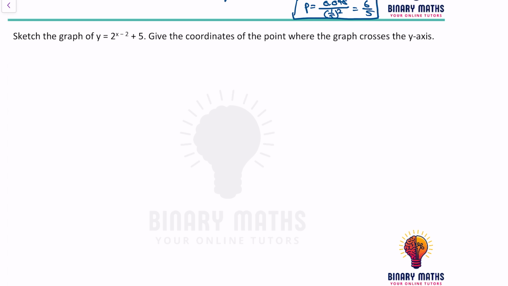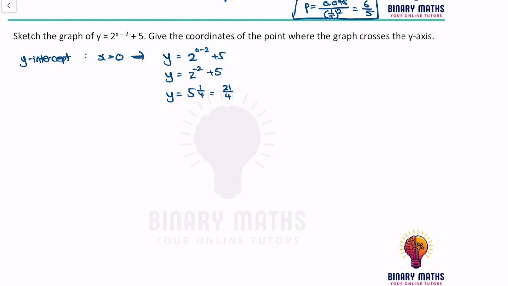Okay, so if I work out first the y-intercept, it's when x = 0, so y = 2^(0-2) + 5, which means y = 2^(-2) + 5, which means y = a quarter plus 5, which is 5 and a quarter, which you can write as 21/4.